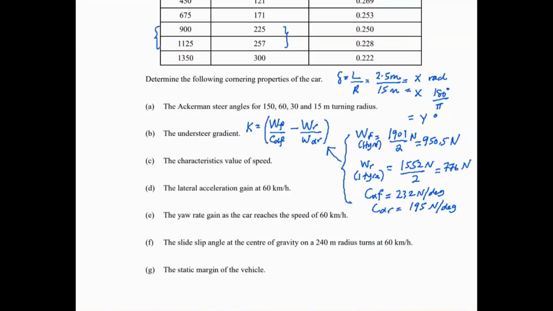Based on lecture notes, the equation is V characteristic equal to square root of 57.3 LG over K. L is the wheelbase, G is the gravitational acceleration, and K is the understeer gradient. So you can solve number C.